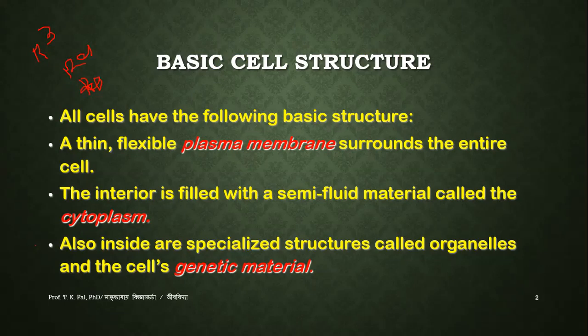And genetic material means the legacy passed from one generation to another generation, that is, from the parental cell to the daughter cell. Every character is passed. That's why we get some parental characters from your father's side, mother's side. So this is the genetic material, the characteristic features passed from one generation to another via some molecules, maybe DNA, maybe RNA. So these basic 3 things are important for every cell: plasma membrane, cytoplasm, and genetic material.